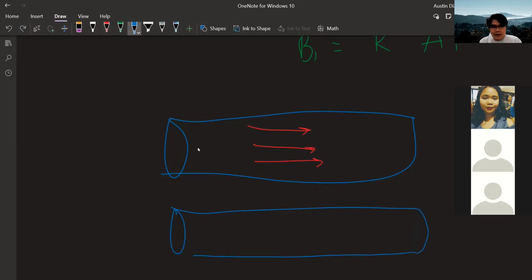Okay? So, at the back end, green na lang. At the back end, meron kang accumulation ng negative charge. Okay? And at the front end, may accumulation ka ng positive charge.